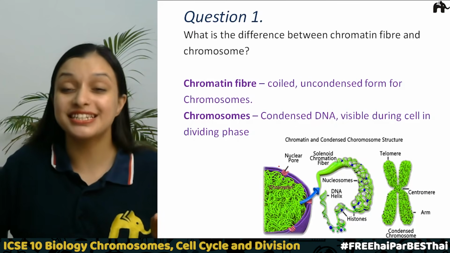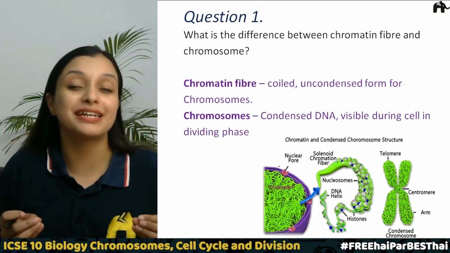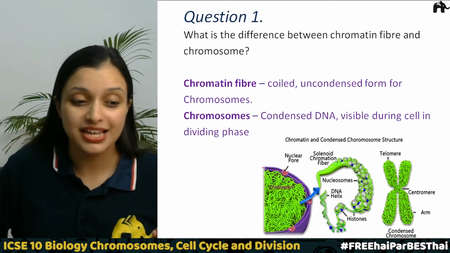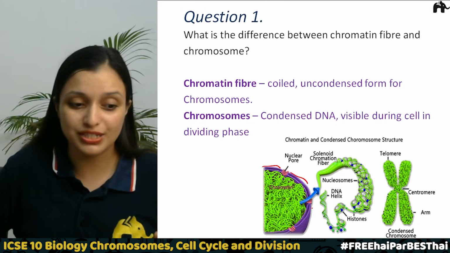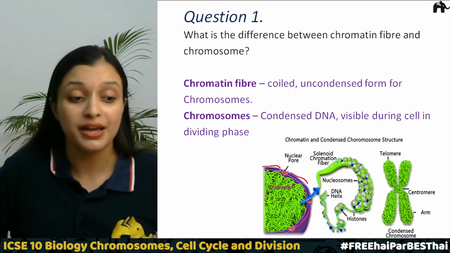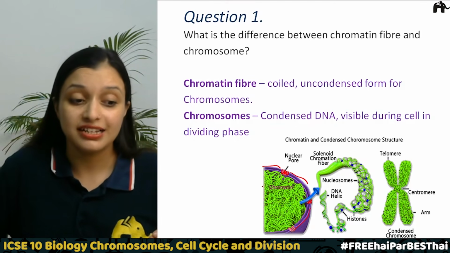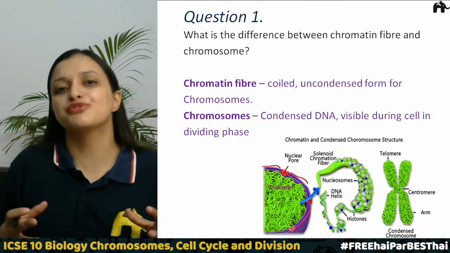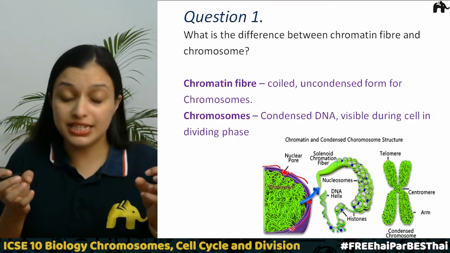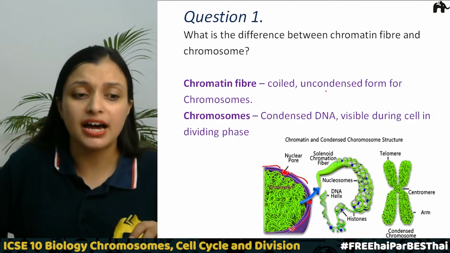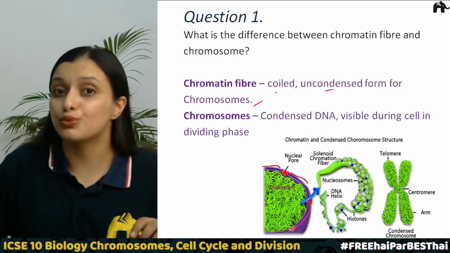So this is basically the chromatin. This is the nucleus. These are the walls of the nucleus, the nuclear envelope. These are the nuclear pores. And this Maggie noodle type of thing is chromatin. It is basically the coiled and uncondensed form of chromosomes.